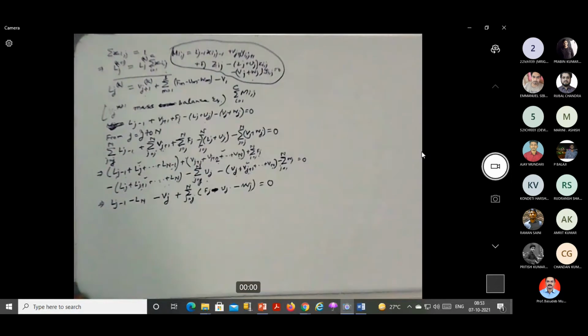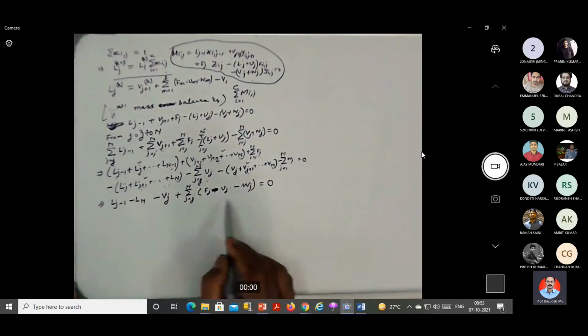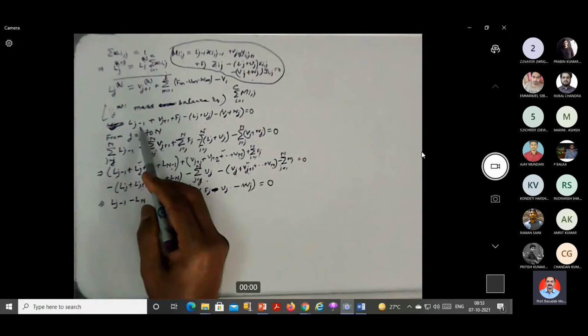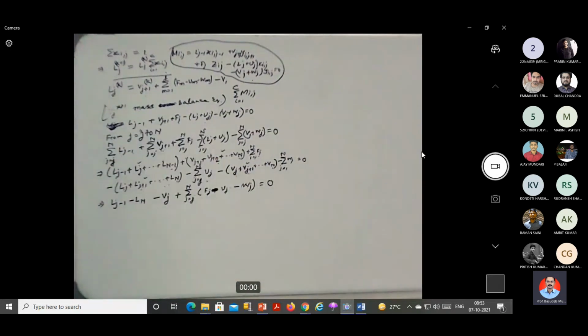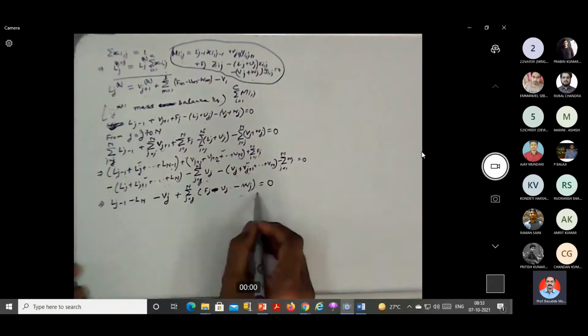So taking the sum of this energy balance equation around j stage from j equal to 2 to n, we get ultimately this equation.